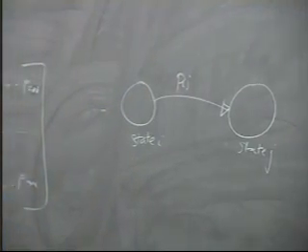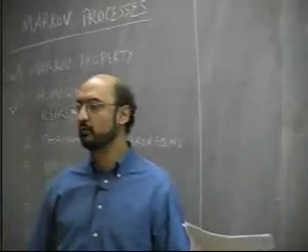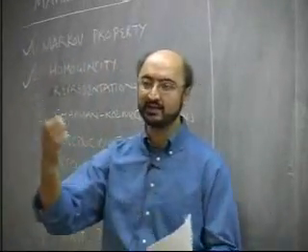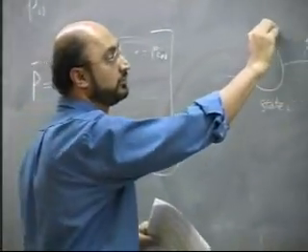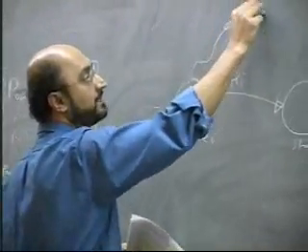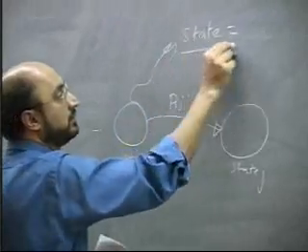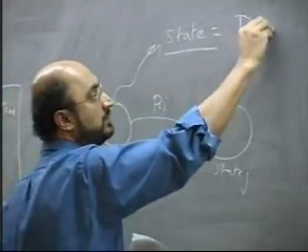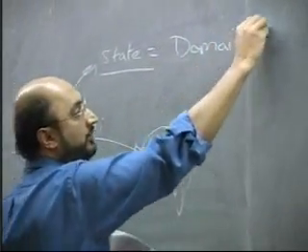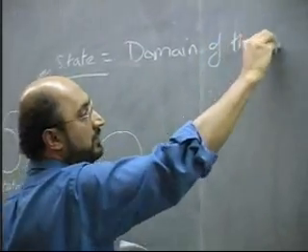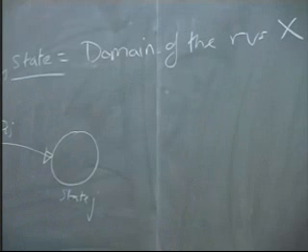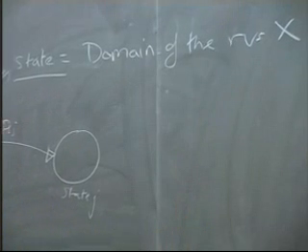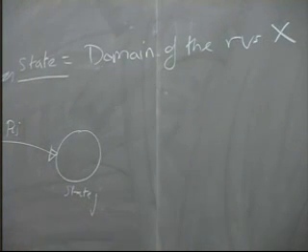And as you'll see, this is of course what we've been doing all along. I've been drawing the staircase, I've been drawing circles. So here, this is the state. To be more precise, the state is the domain of the random variables X. That means the state is the value that can be taken by the random variable.